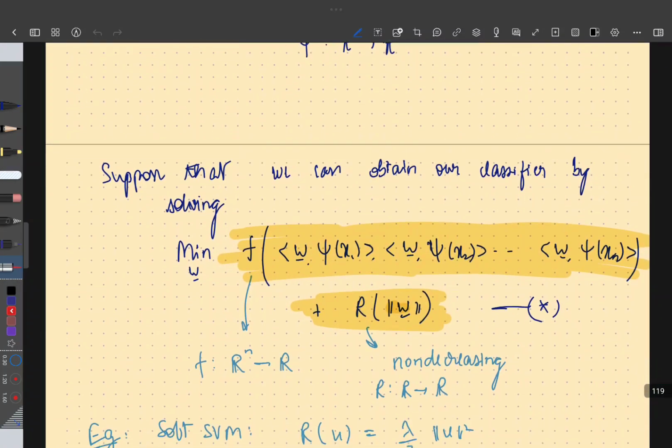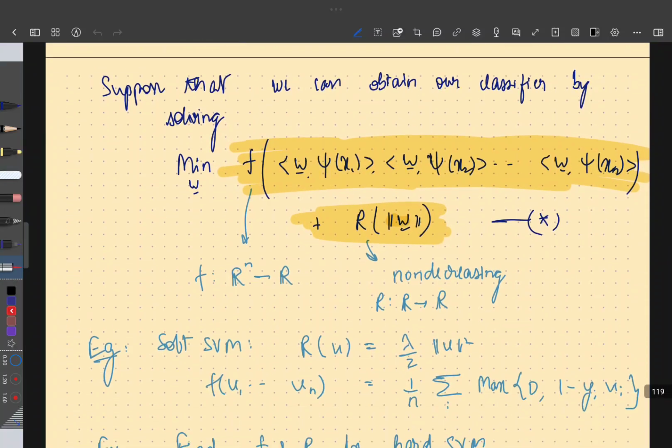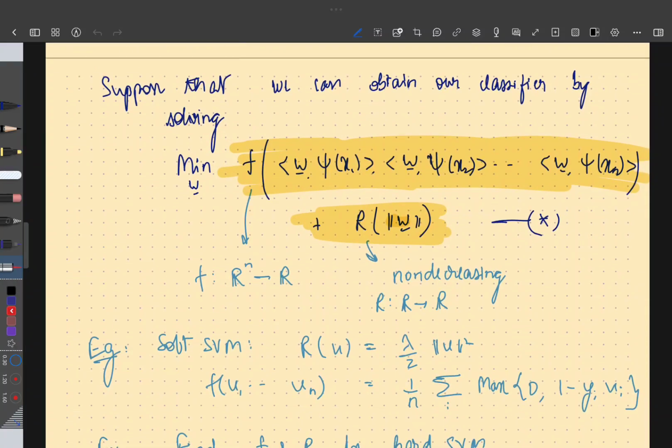And we saw that the advantage of using a kernel, where this kernel corresponds to an embedding into a higher dimensional Hilbert space, is that techniques such as support vector machines can also be extended to kernel support vector machines.